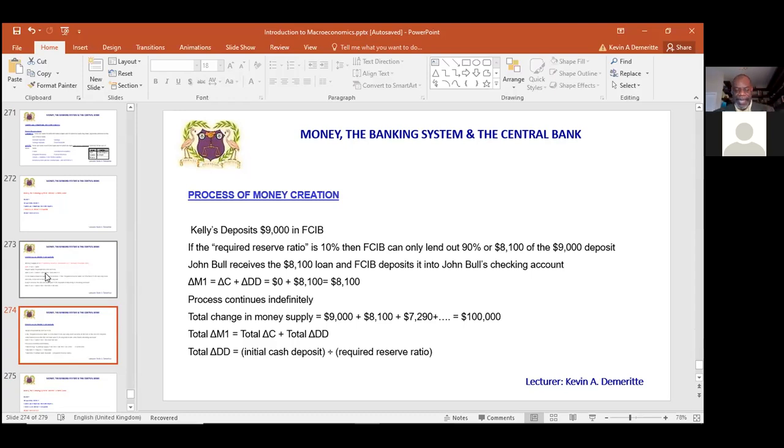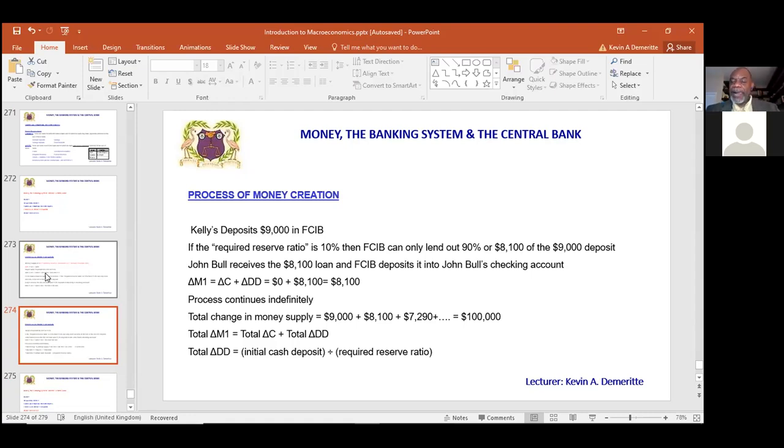So think about it now. Of the original 10,000, they loaned out 9,000 and it came back. Then they loaned out 8,100 and it came back. Then they loaned out 7,290 and it came back. And this process keeps going, with the money going out and coming back.